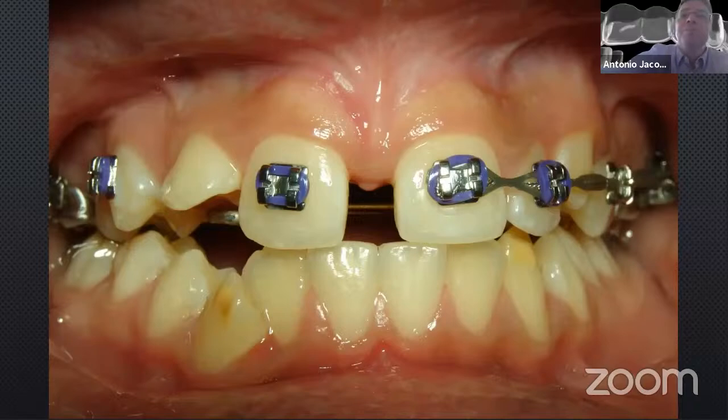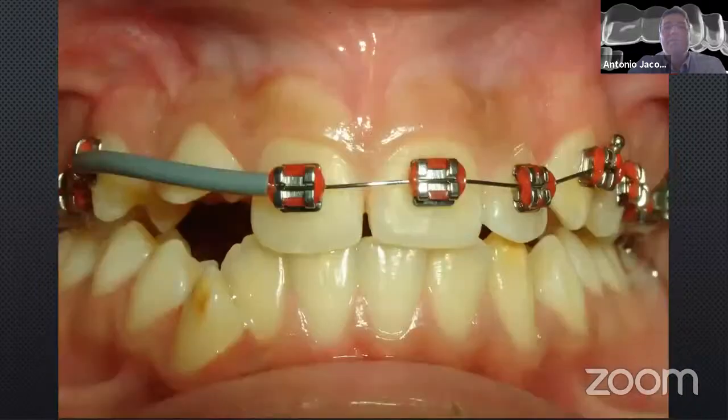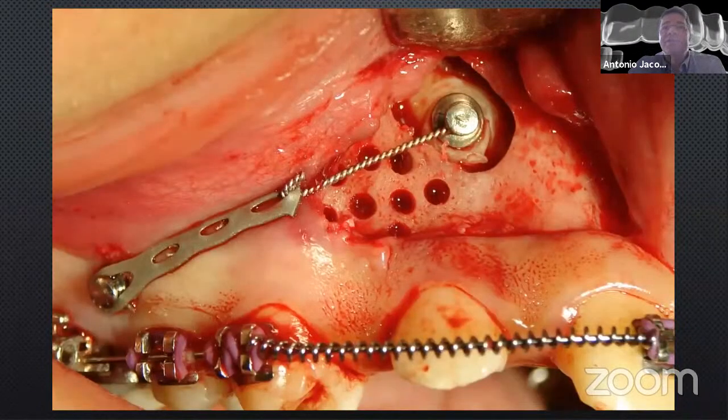I just put some wire here, and I'm not letting this incisor come mesially. So I use all of this space just for the right side. And then we do the surgery when we open the space without touching any bracket on the lateral incisor, because this tooth was on buccal inclination.